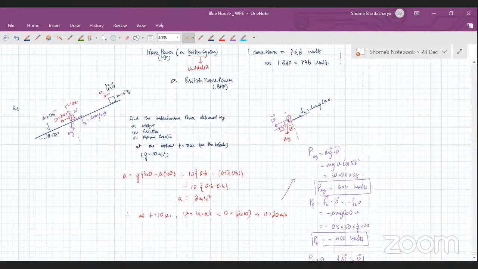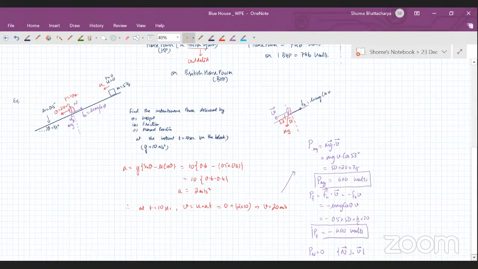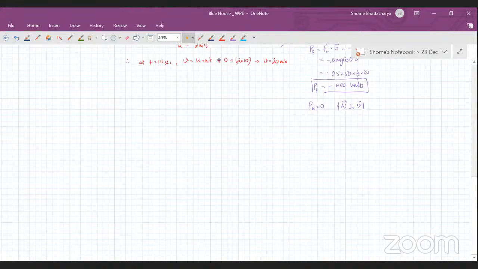It was an old part of the old British system of units. That's why it's sometimes also called British horsepower, particularly in the automobile industry. Okay, so I hope this question is clear.